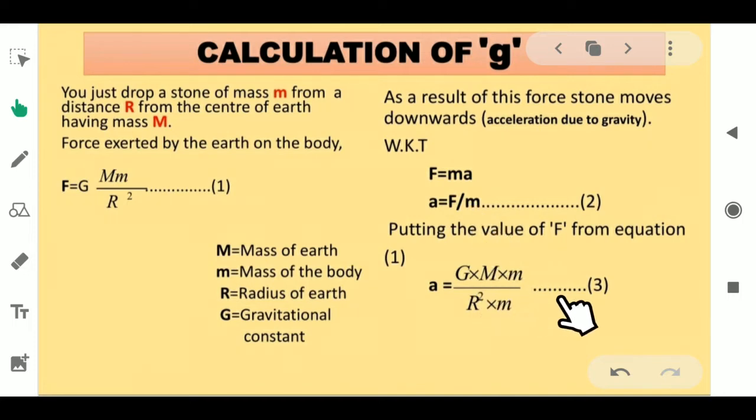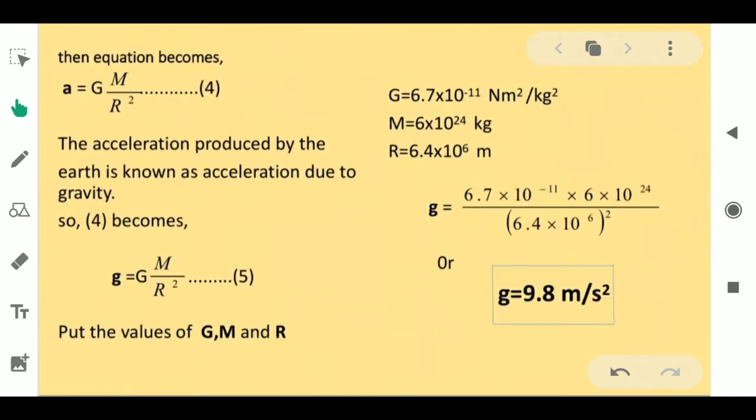It can be taken as equation number 3. Then the equation becomes acceleration a is equal to GM by r square. It can be taken as equation number 4.